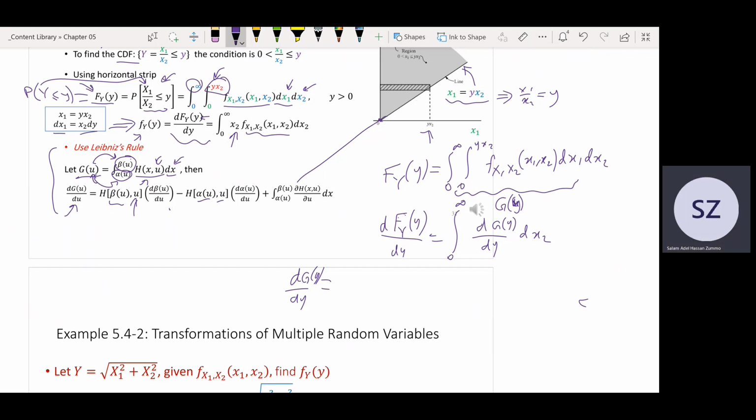We basically get the integral. Forget about this. Now we are focusing on here. What do we do? We take whatever is inside with the limits.